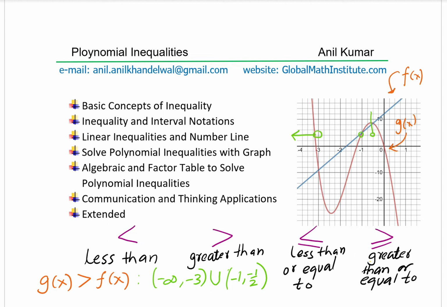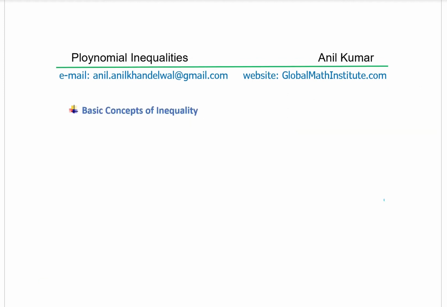Now let's elaborate on the basic concepts. So you have learned that these symbols make a huge difference. Let me now sketch another graph for you, and what you need to do here is to figure out the interval of our interest. Let us say we have an equation y equals x, and also y equals x squared.